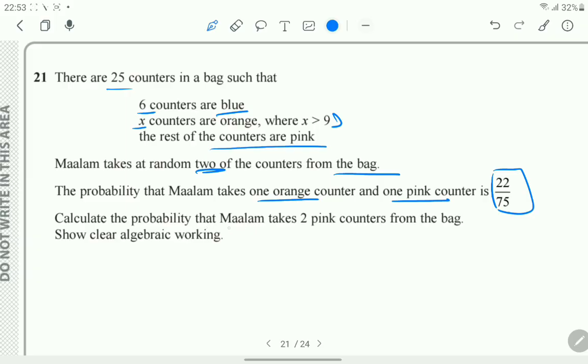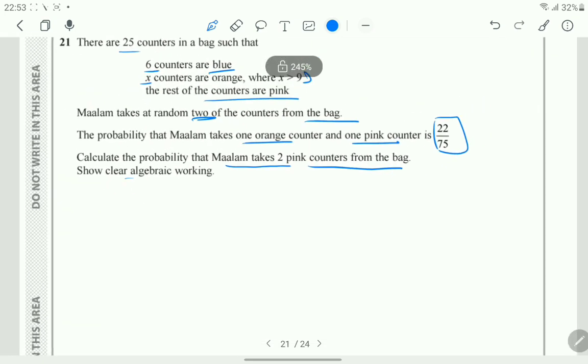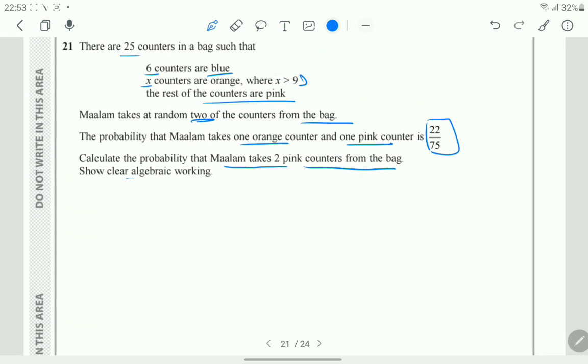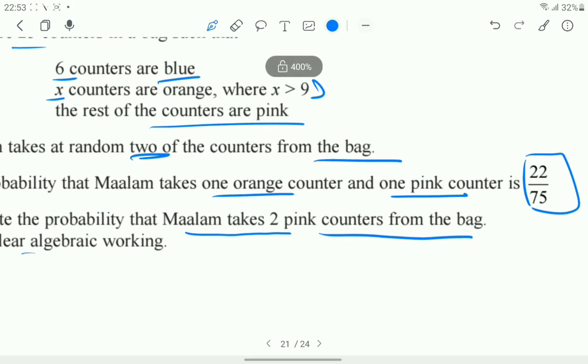Calculate the probability that Malam takes two pink counters from the bag. Show clear algebraic working. So notice that there is a bag and there are 25 counters in it. 6 of them are blue, and since we don't know how many counters are orange, we also don't know how many are pink as a consequence of that.